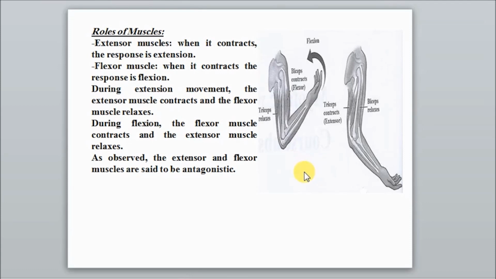When one contracts, the other should relax for the movement to happen. This is why we say that the extensor and the flexor muscles are antagonistic. They work opposite to each other.